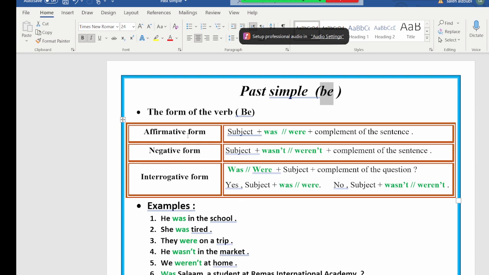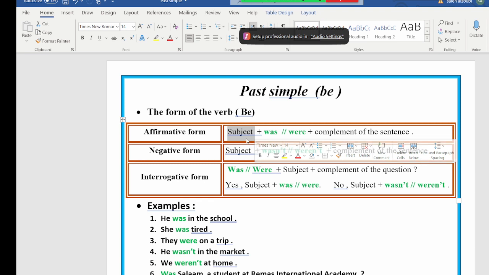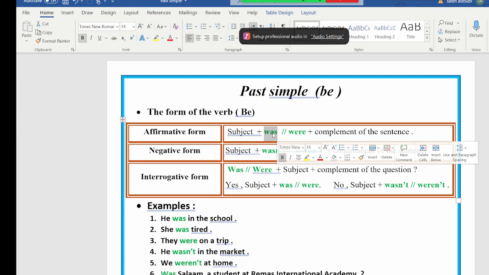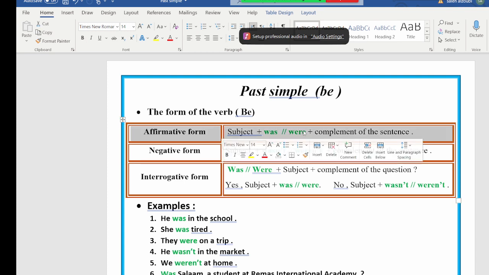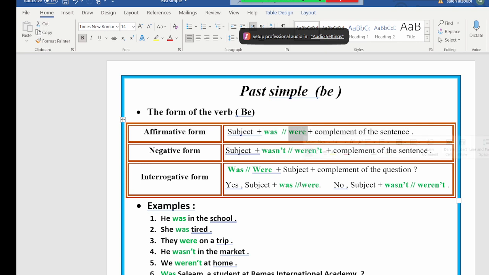The affirmative form, we start always with the subject. If we have a singular subject we use was, and if we have a plural subject we use were. Plus the complement of the sentence, full stop.